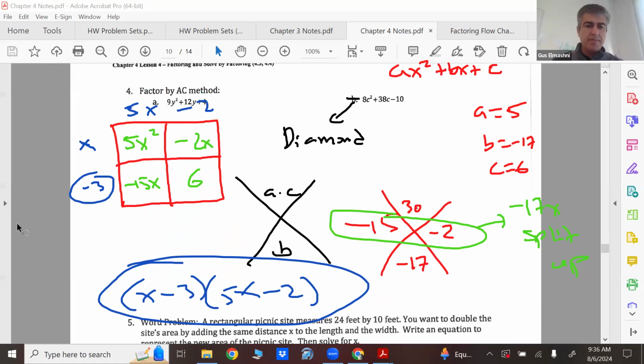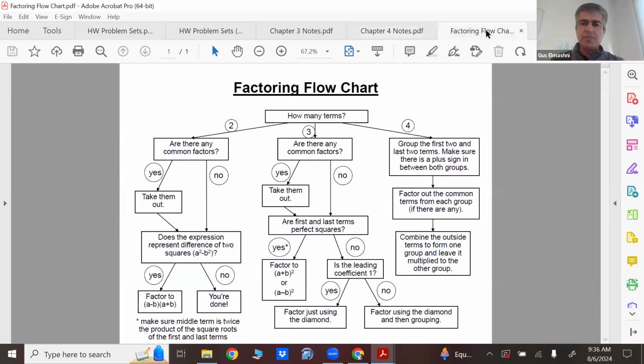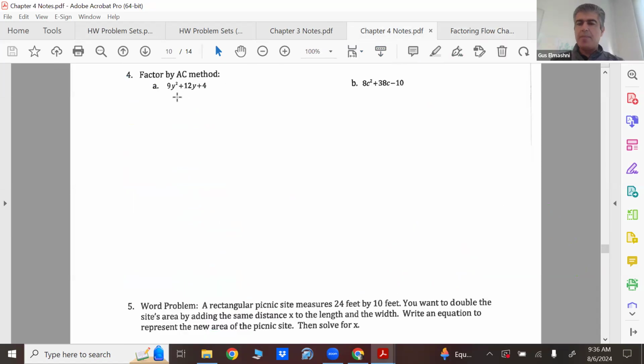All right, so let's see here. Actually, let's go to my flow chart. We have three terms. There's nothing common among these because 9 doesn't share a factor with 4. And 12 does share factors with 9 and 4, but 9 and 4 don't share anything. So there's nothing common here.